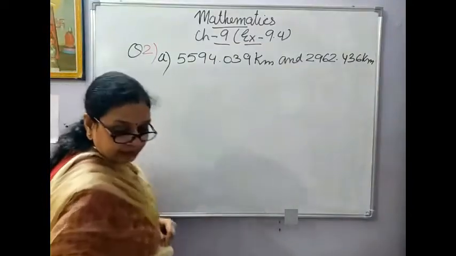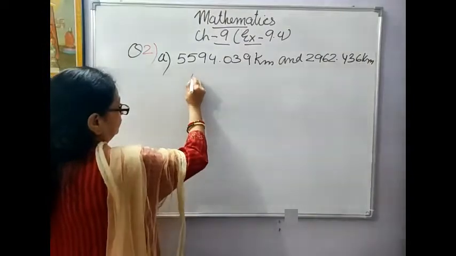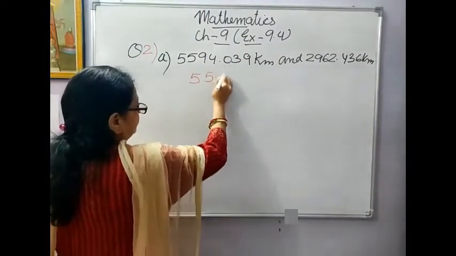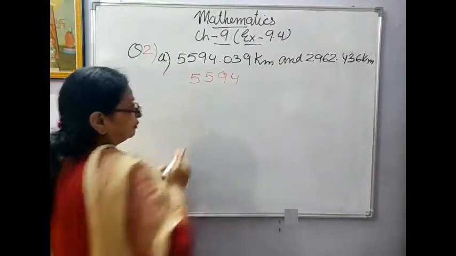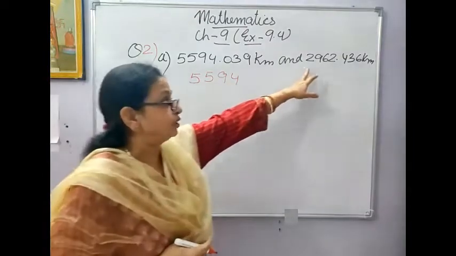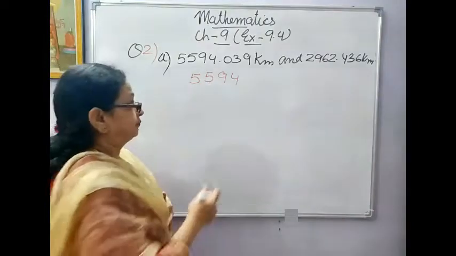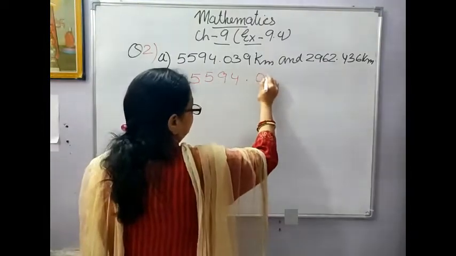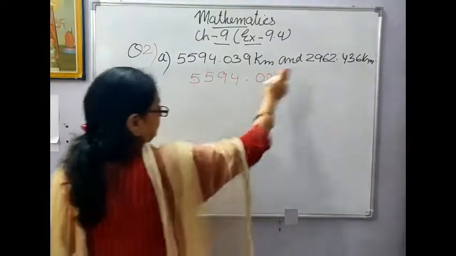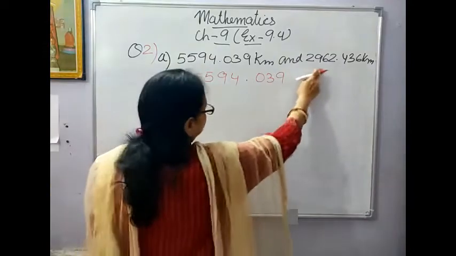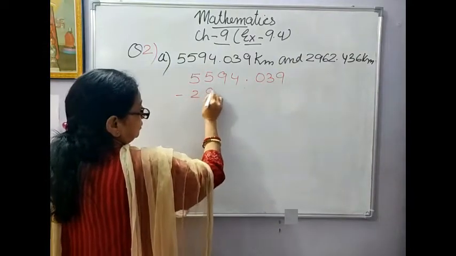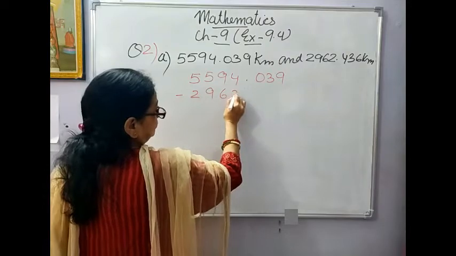We will do it, change this, 5594. You already know that you have to subtract the smaller unit from the bigger unit. So you will write the bigger number on the top. Decimal 039. Then this is also a 4-digit number, 2962.